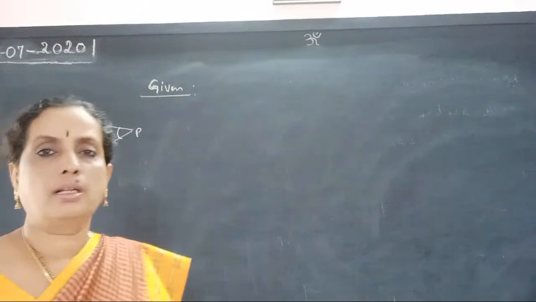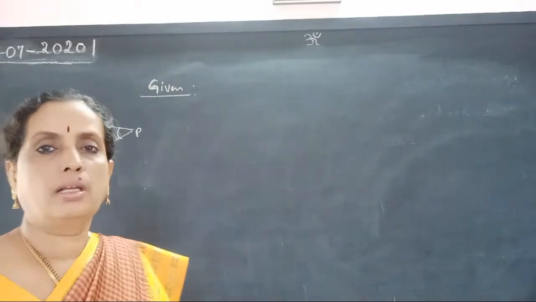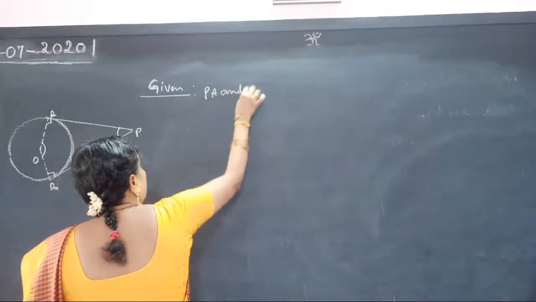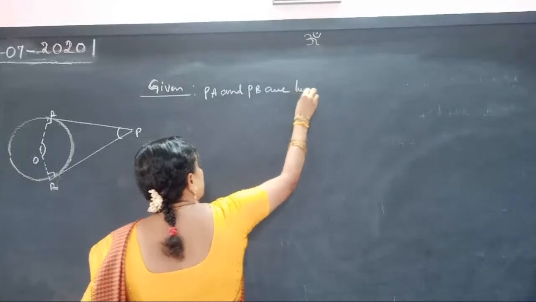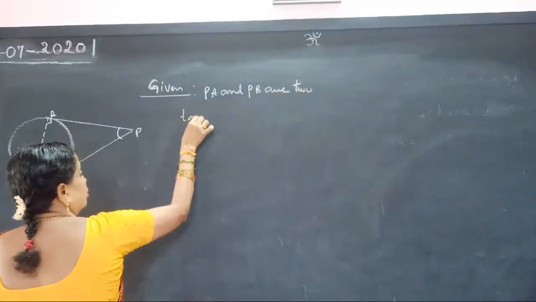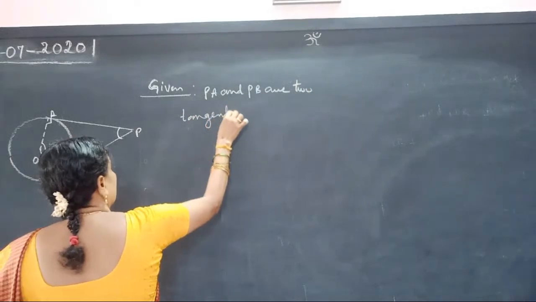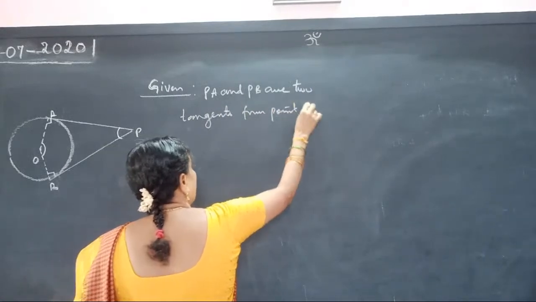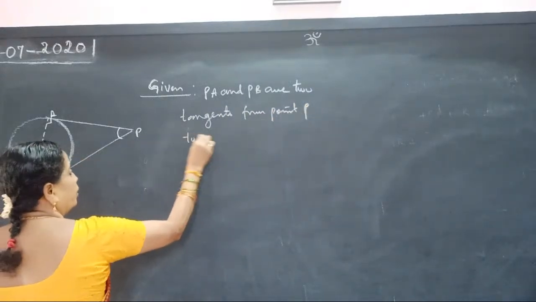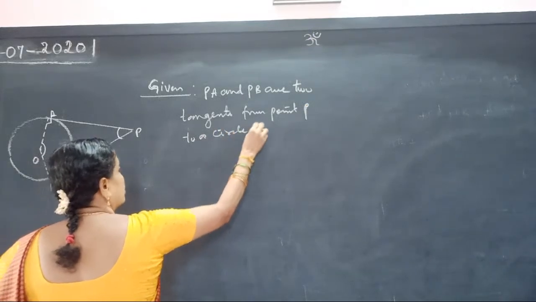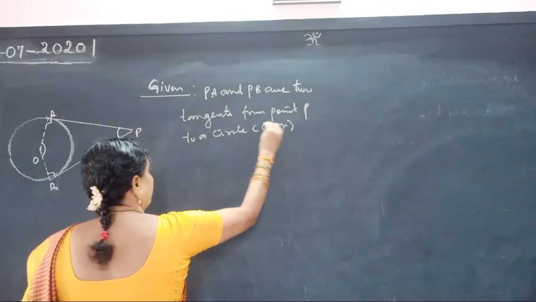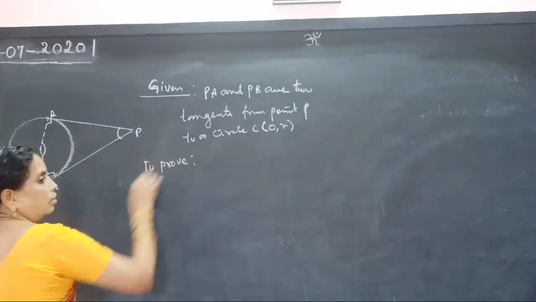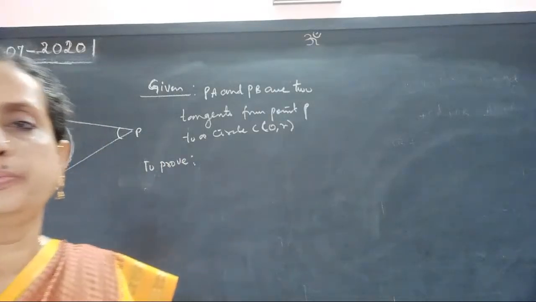Given: PA and PB are two tangents from point P to a circle with center O. To prove, what we must prove?